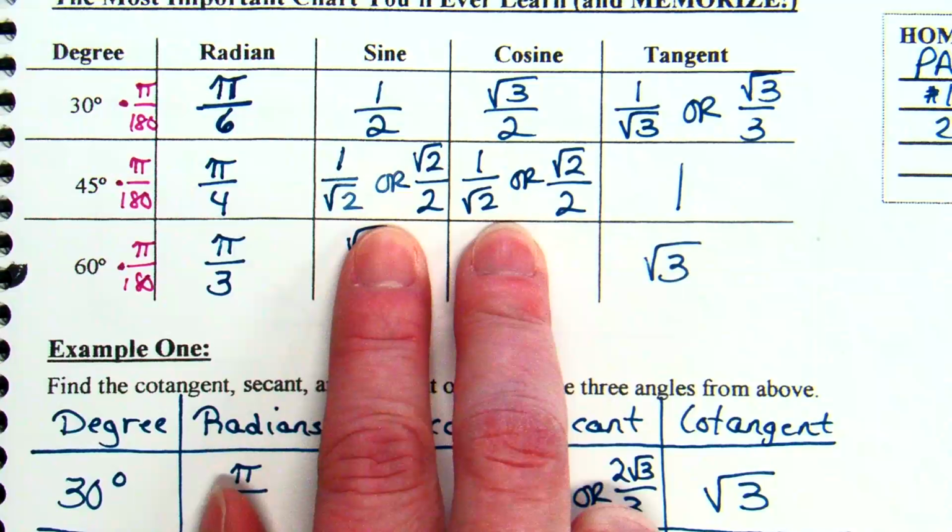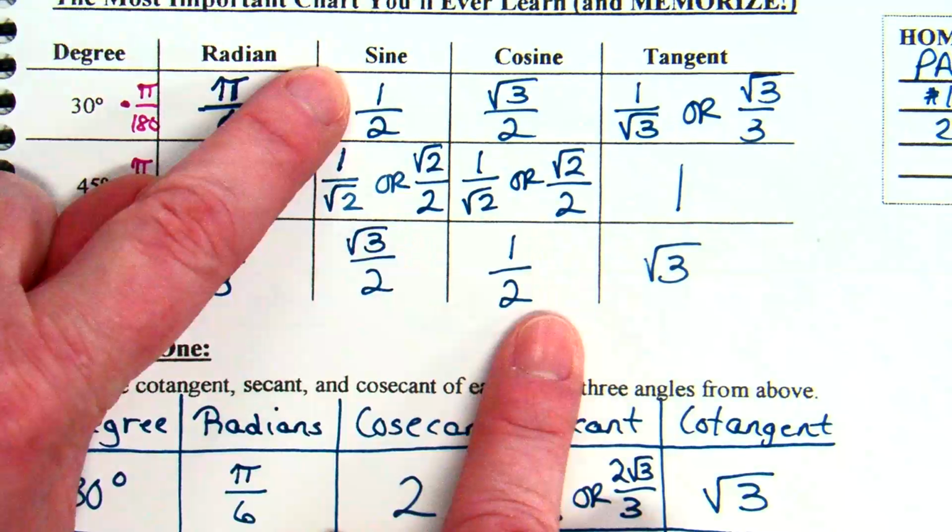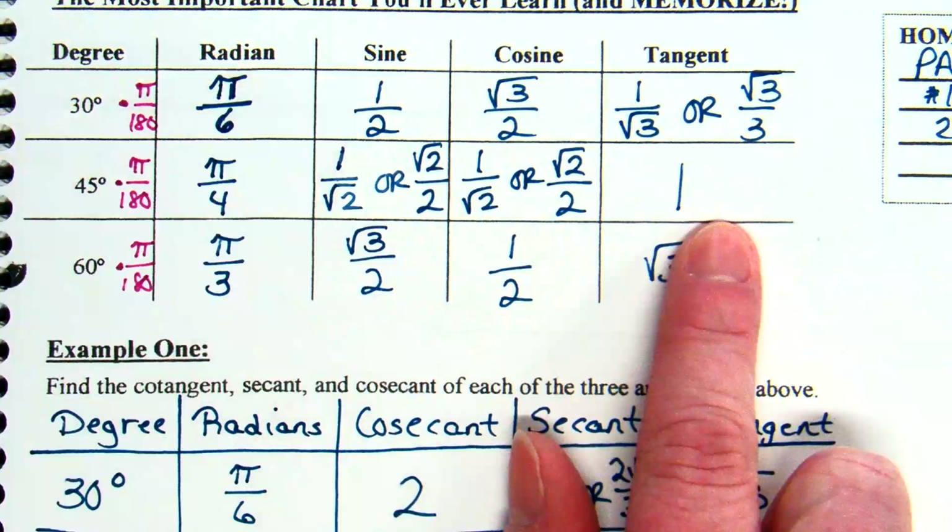So 1/2 here, 1/2 down here. Square root of 3 over 2 in the alternating boxes. Okay. Tangent of 45 is 1. These other tangents are reciprocals of each other. So that helps as well. Okay. So lots of different ways to remember this chart.